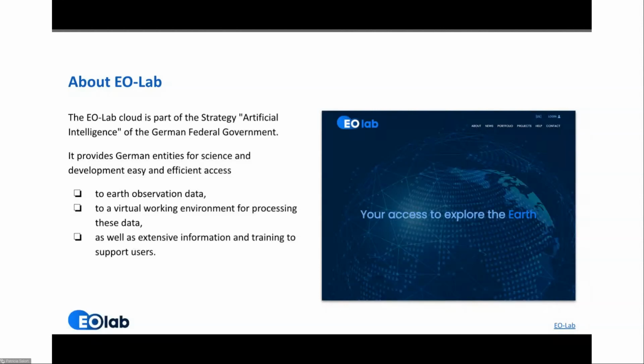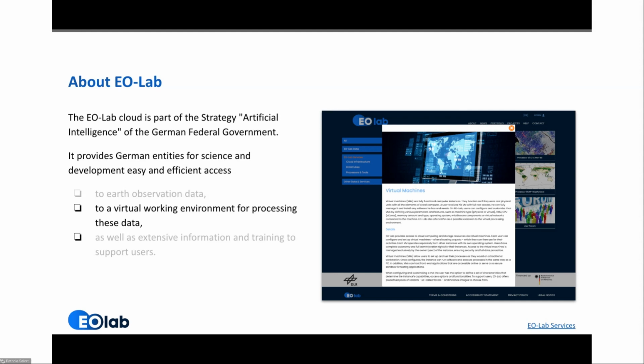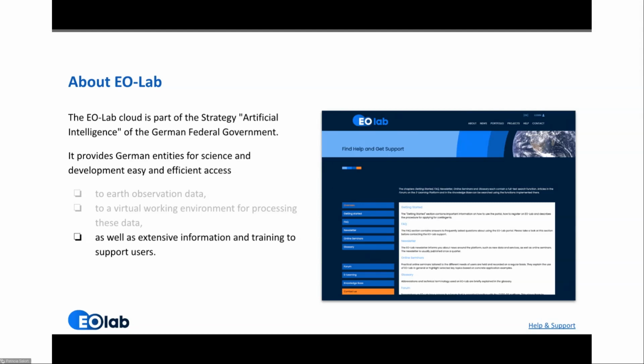So EOLab Cloud is part of the Artificial Intelligence Strategy of the German federal government, and it provides German entities for science and development easy and efficient access to Earth observation data, to a virtual working environment for processing this data, and it gives extensive information and training to support users as well.